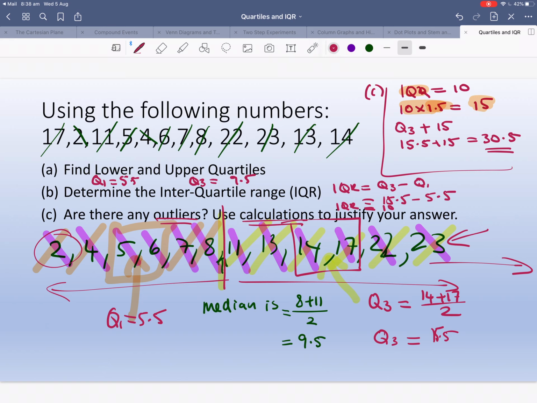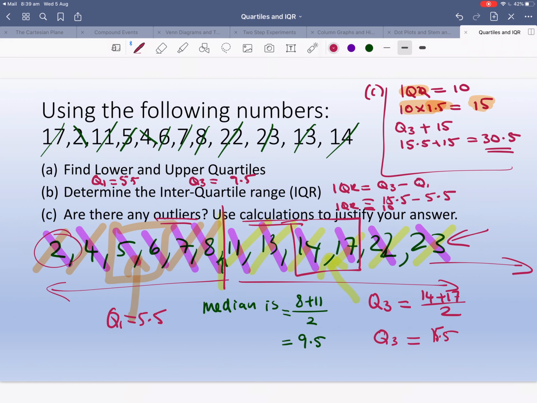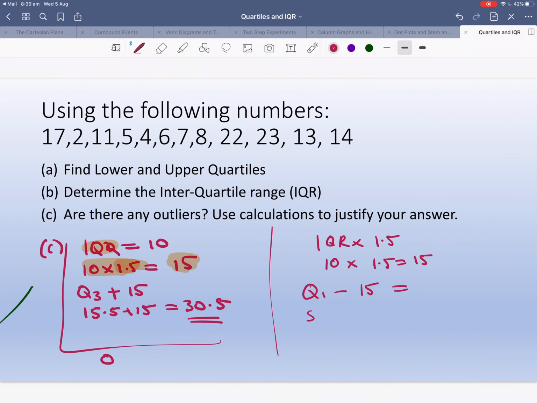I want to see, for example, if 2 is an outlier, okay? So I need to work it out again. IQR times 1.5. My interquartile range was 10 times 1.5, and we found this calculation to be 15, okay? Now I'm going to go Q1 minus 15. What does that equal? Well, Q1 in this case was 5.5. So 5.5 minus 15 equals.